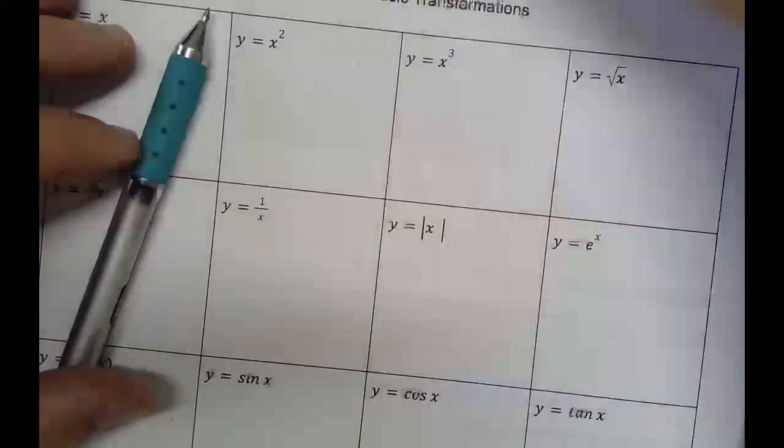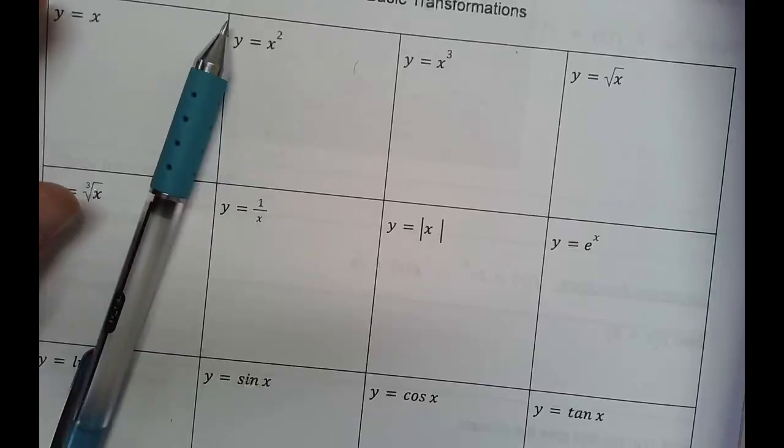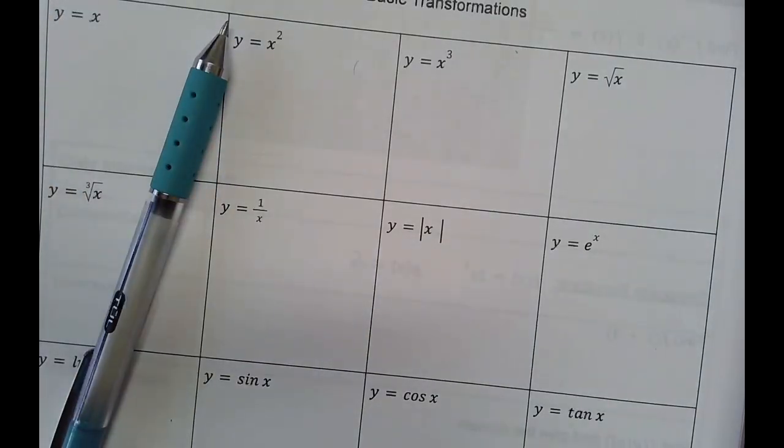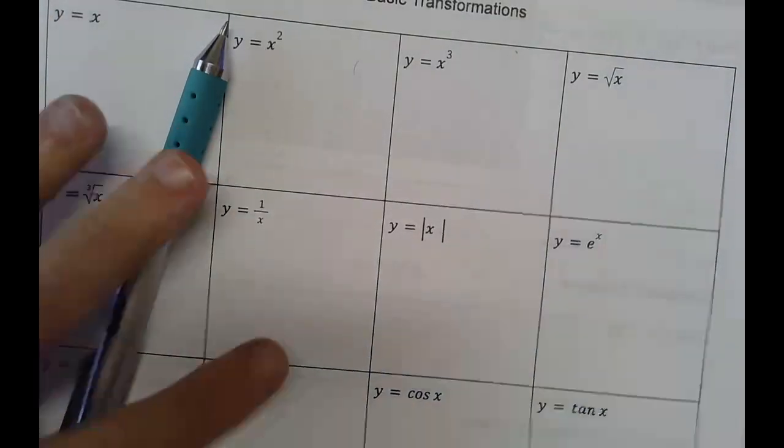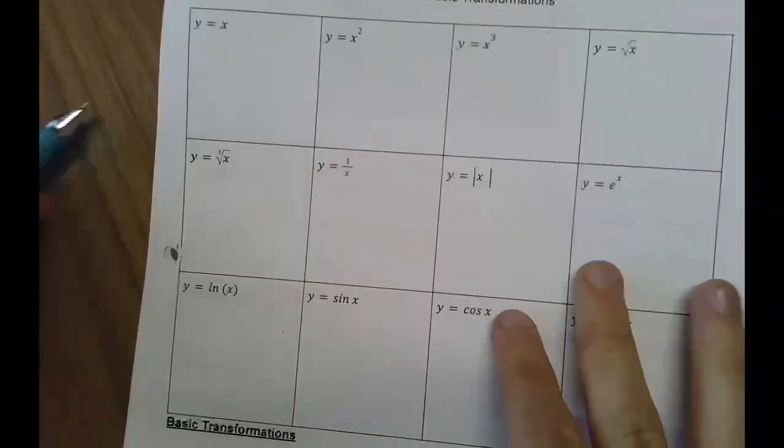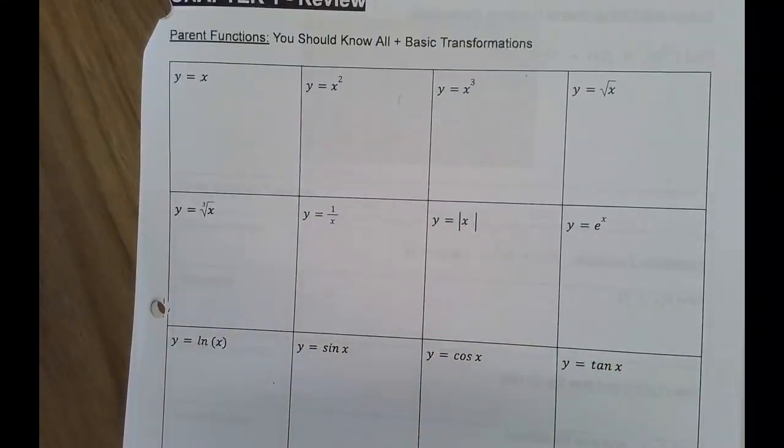Okay? All right. Chapter 1 review. We're getting through it. We have some parent functions that we need to know. It's important to be familiar with how functions look without depending on a table or a graphing calculator.